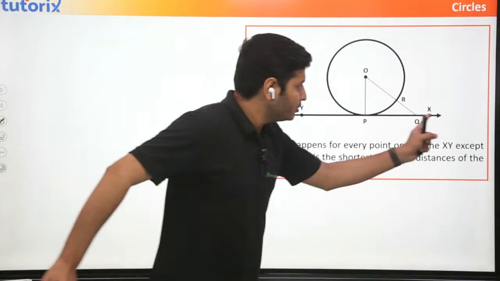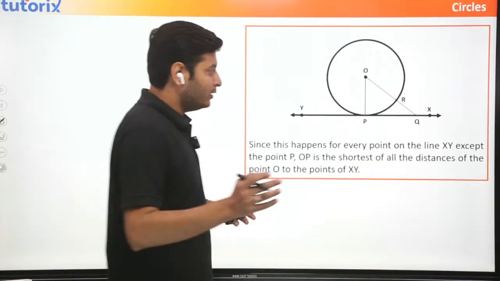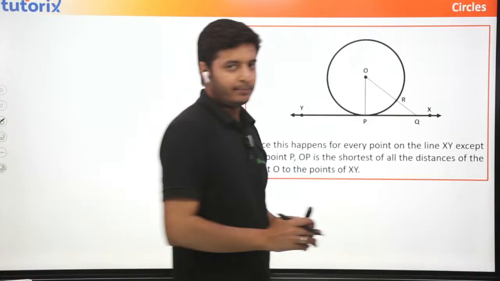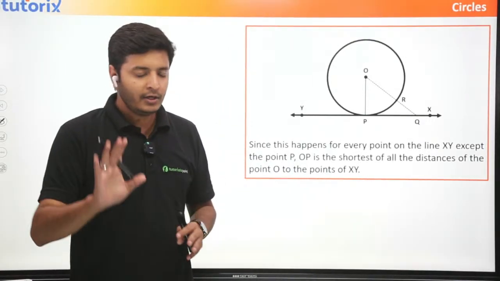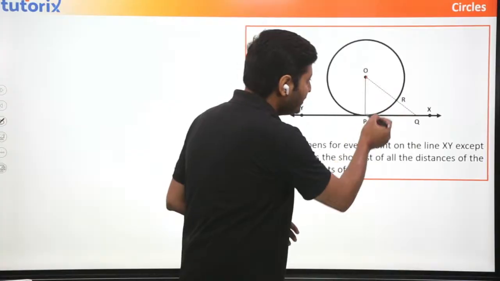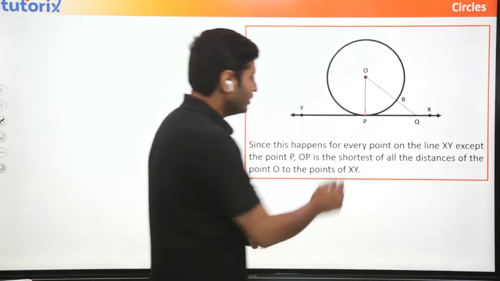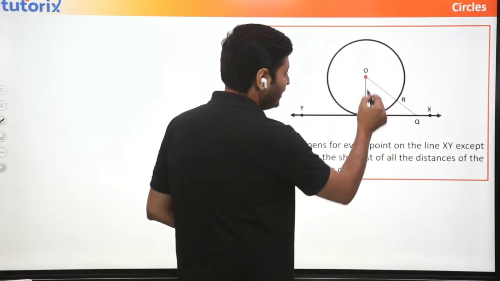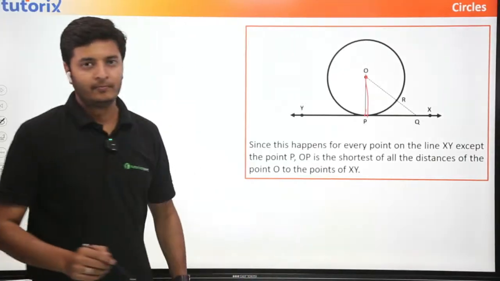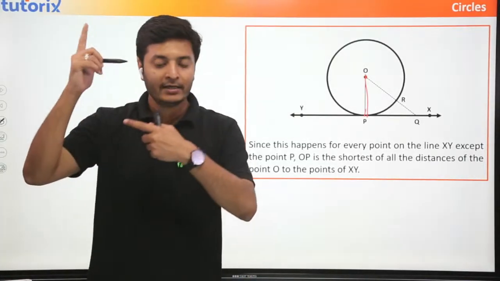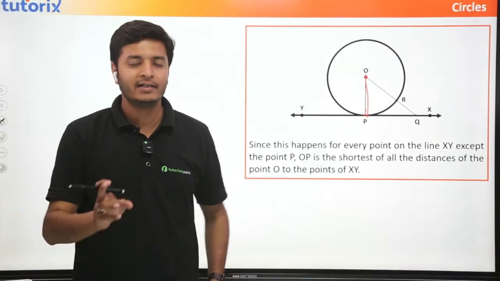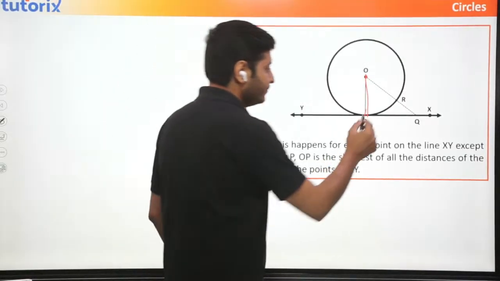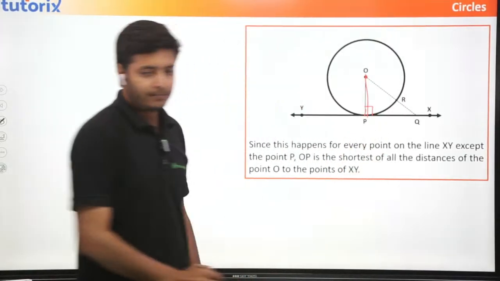Any point on this line will always be lesser than OP, will always be lesser than OP. So it means we can conclude that OP is the shortest distance between this line XY and the center O. Then apply the converse. The shortest distance between any point and line segment will always be perpendicular. So it means this is perpendicular.